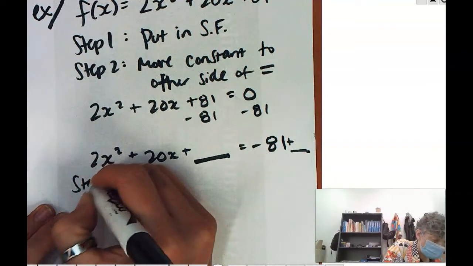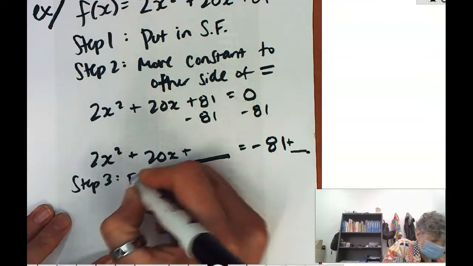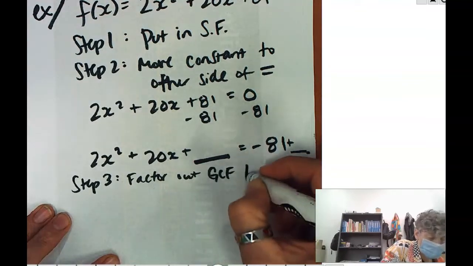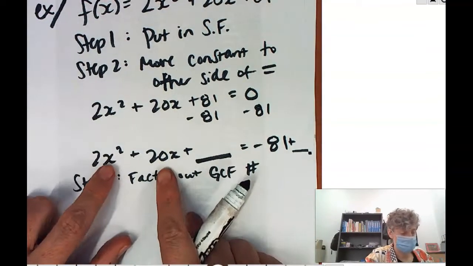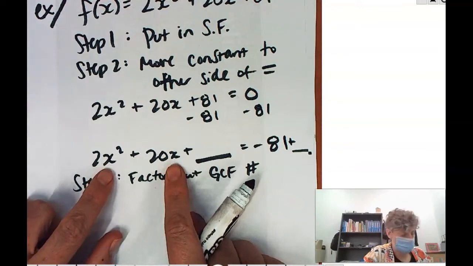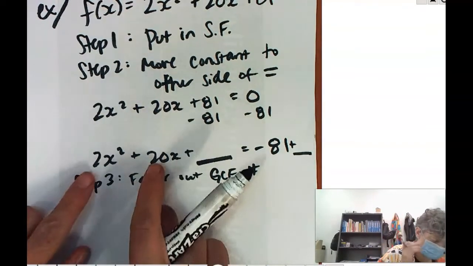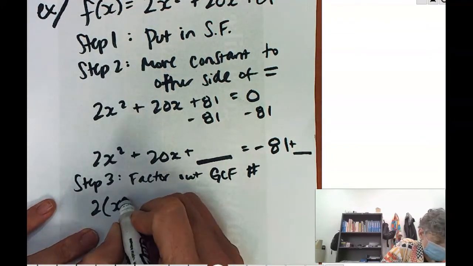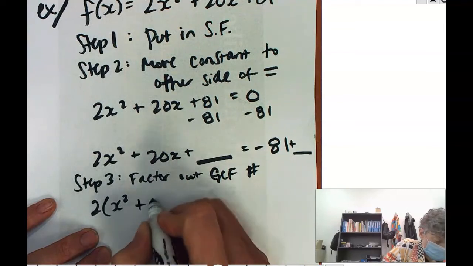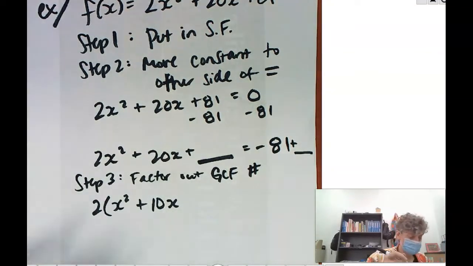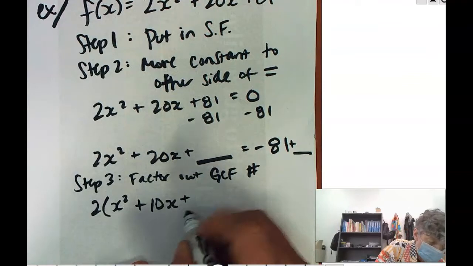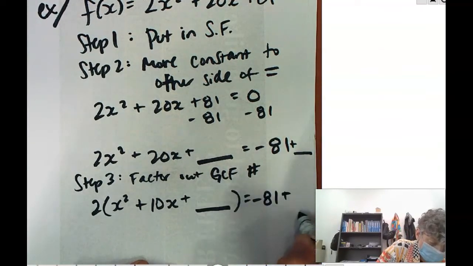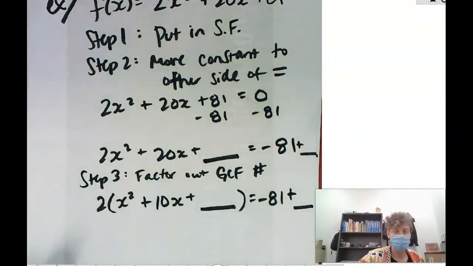So step 3, factor out GCF. But just the number part. Obviously these both have an x in there. We're not going to factor that out. Just the number part. So let's take out our 2: x squared plus 10x plus something is going to equal negative 81 plus something.